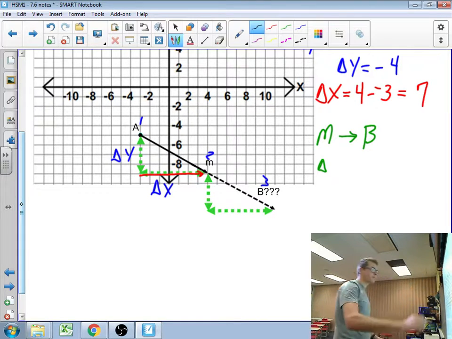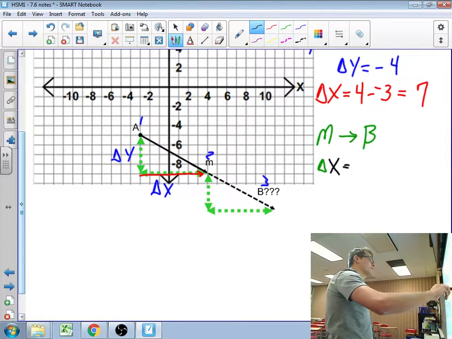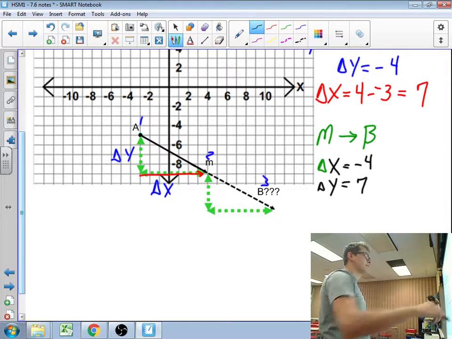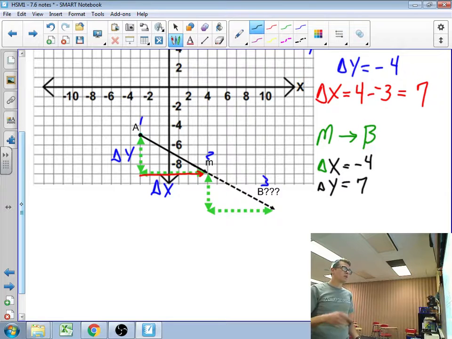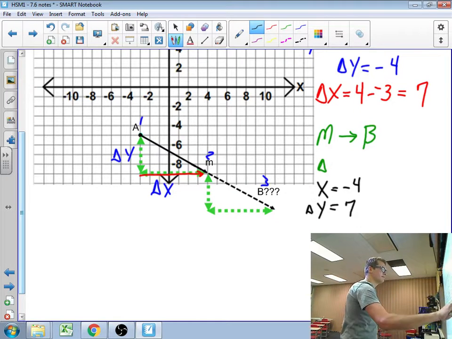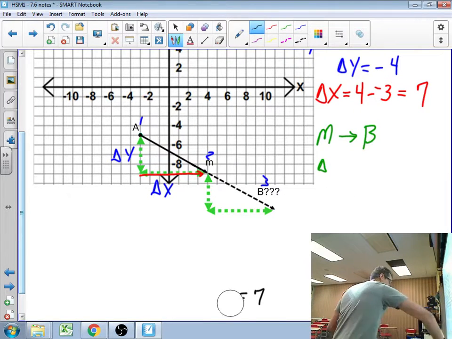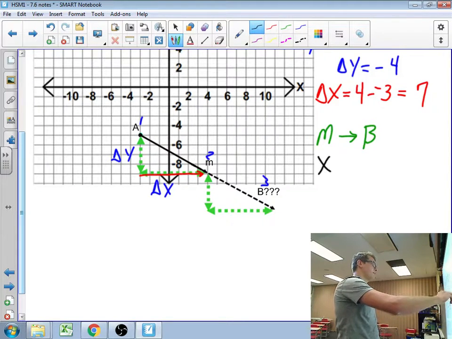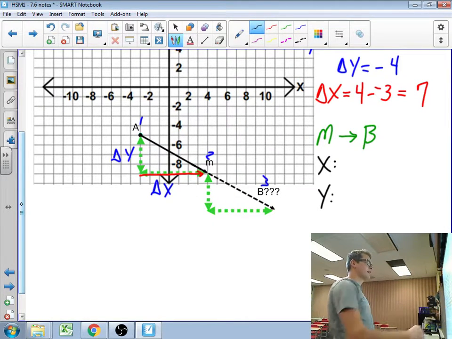Alright, sorry. My change in X will be -4, and my change in Y will be 7, but what does that happen to? Well, now I need to start at my midpoint and go from there. So what I set up really, we'll just erase that since we have it above there, is I set up what my X was, what my Y was, and then I apply the change.